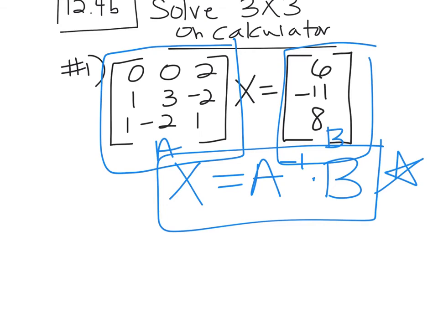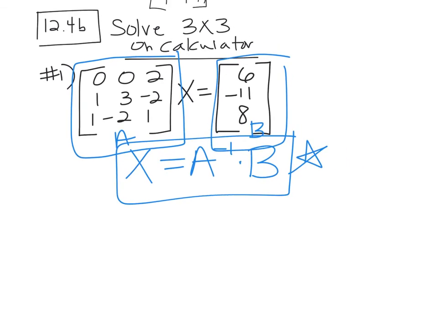Okay. So let's go ahead, go to our calculator, go to matrix. I'm going to edit matrix A, and I'm going to leave matrix A as a 3 by 3. I'm going to put all these new numbers in. So what are they? 0, 0, 2, 1, 3, negative 2, 1, negative 2, 1.